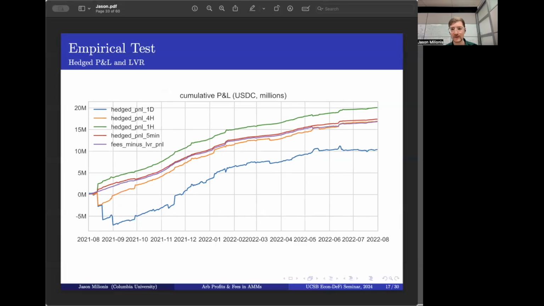All of the other curves use no model, but only empirical data. What you can see is that, for example, if you hedge every 5 minutes, that is the red curve, the red curve is practically indistinguishable from the purple curve. And so if the first model that you write down, the LVR model, is actually going this close in practice, then that means that you must have done something correct.